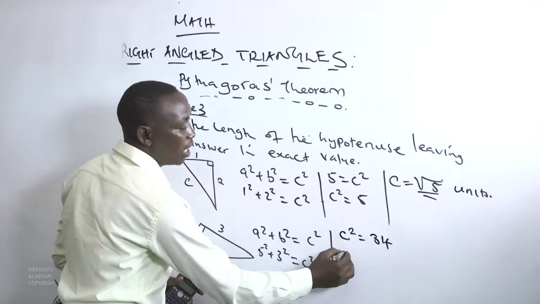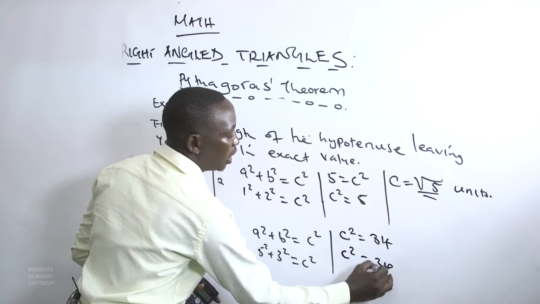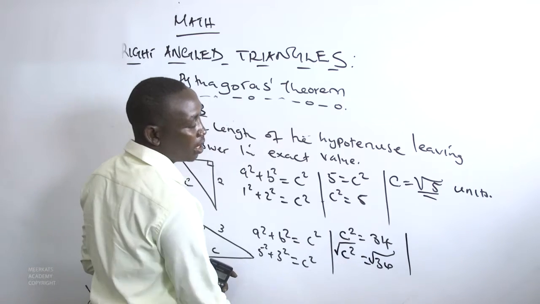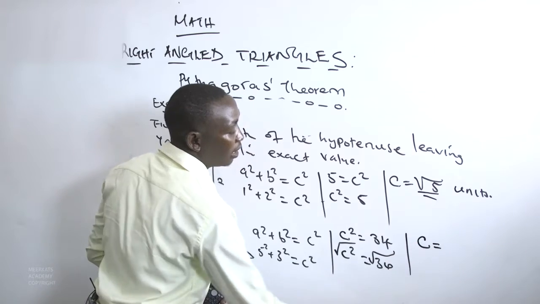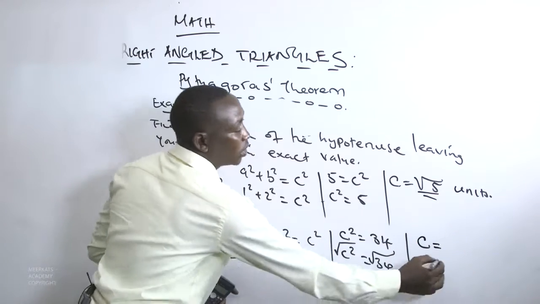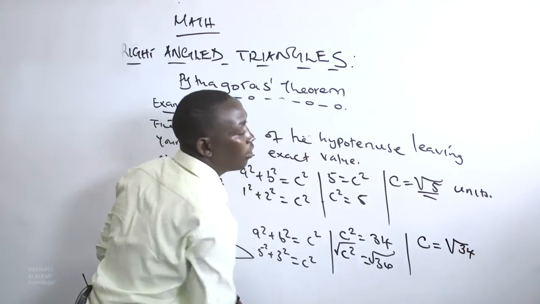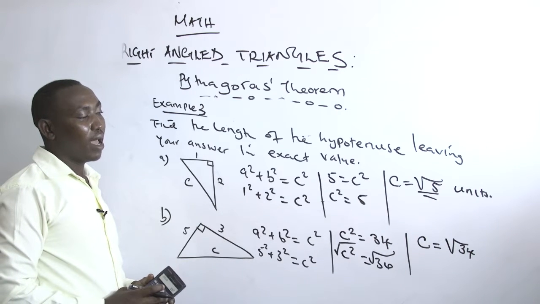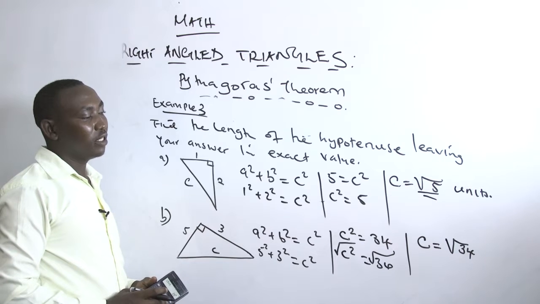And therefore, for us to get the value of c, we need to get the square root of both sides. When you get the square root of the left-hand side, you'll get c is equal to root of 34. Now again, that is an irrational number.